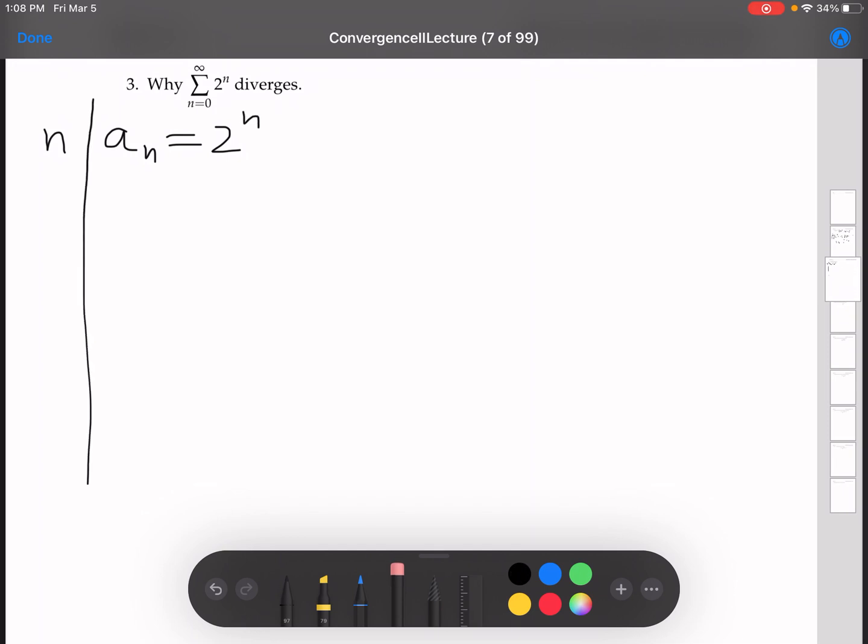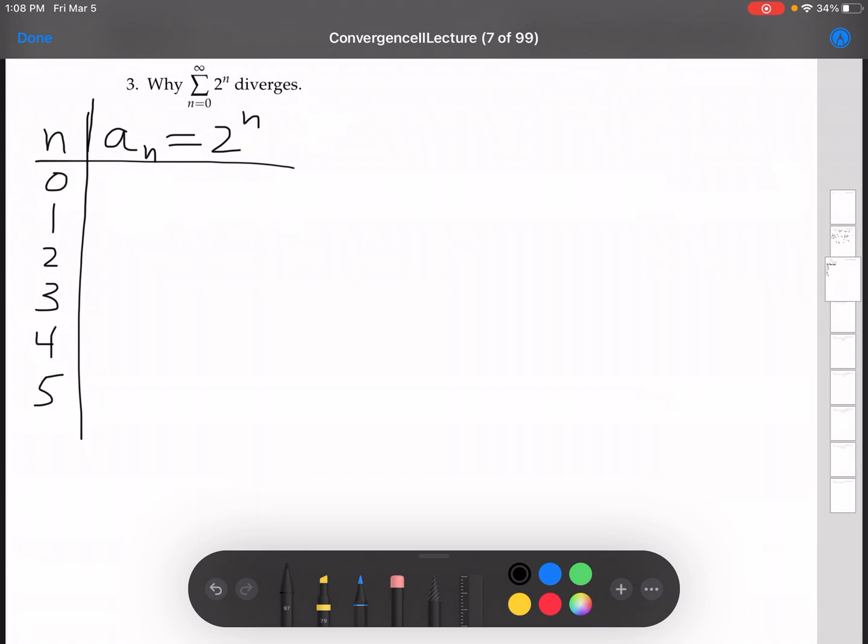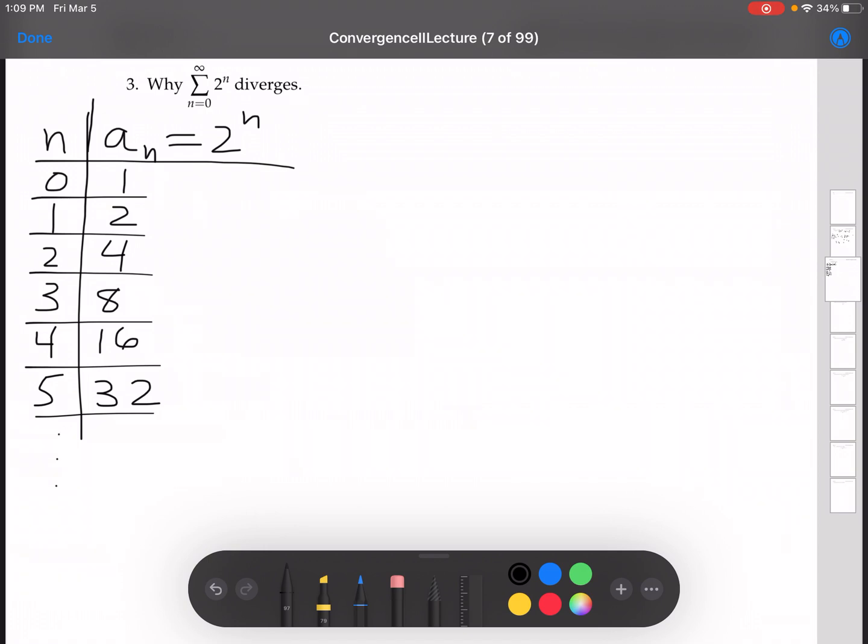Let's say 0, 1, 2, 3, 4, 5. 2 to the 0 is 1. 2 to the 1 is 2. 2 squared, 4. 2 cubed is 8. We've got 16 and 32. And remember, this keeps on going forever here.